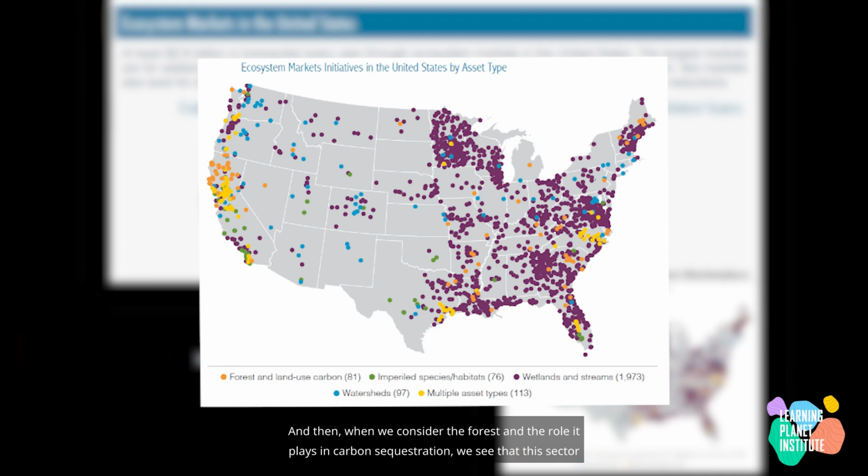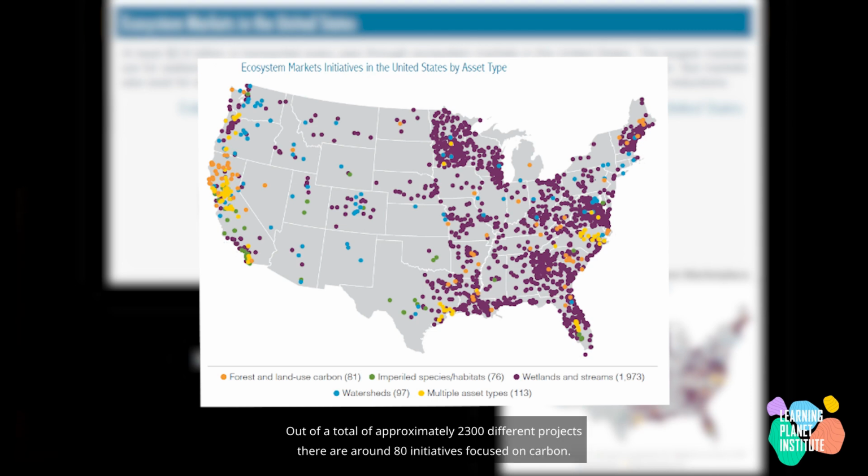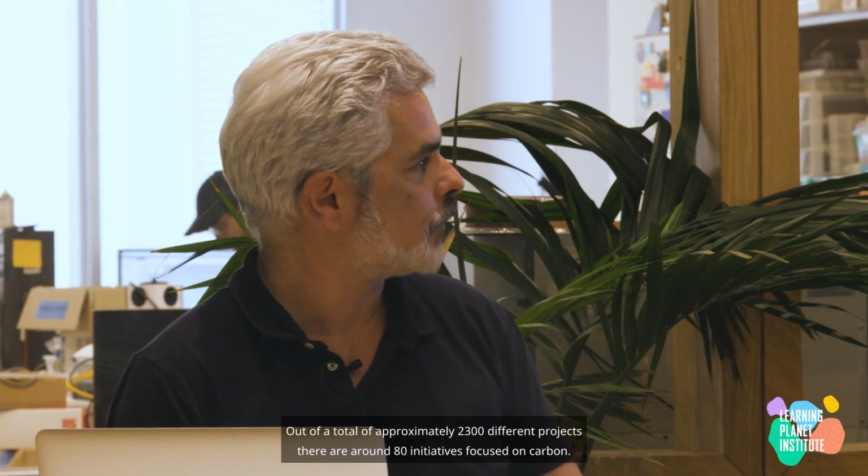And then, when we consider the forest and the role it plays in carbon sequestration, we see that this sector is almost the smallest. Out of a total of approximately 2,300 different projects, there are around 80 initiatives focused on carbon.